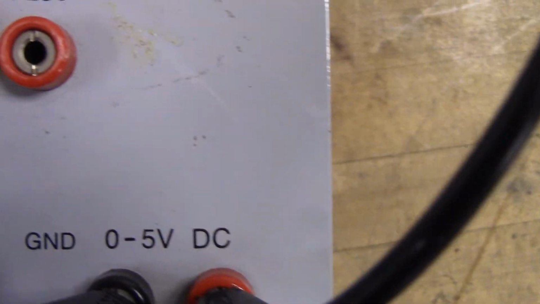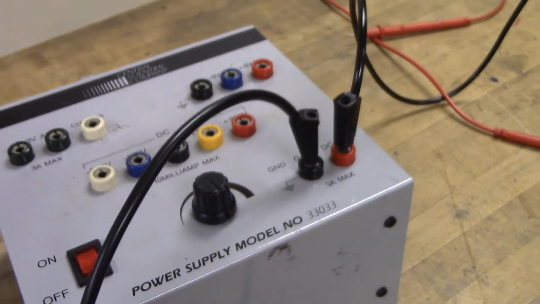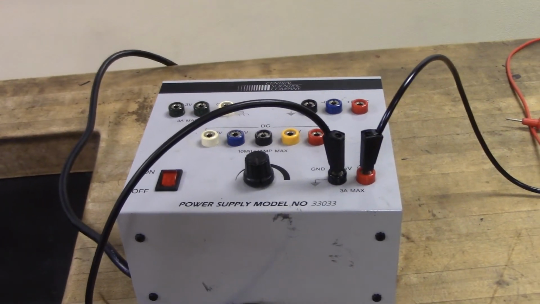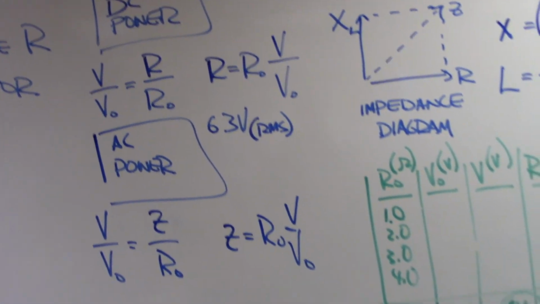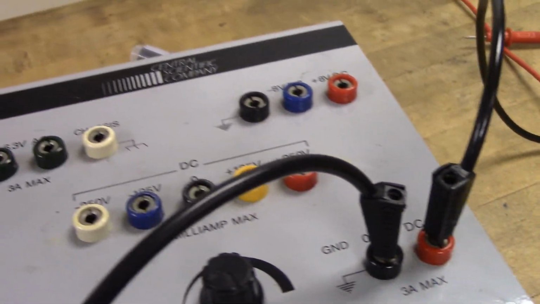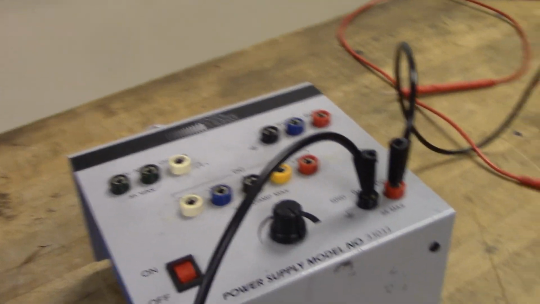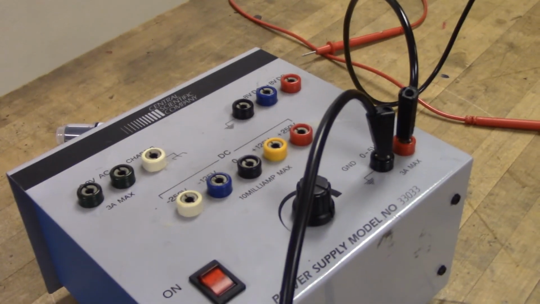I've got to get to the 0 to 5 volt DC, and then I turn this all the way up. Because we're using this ratio method with the resistances, we don't need to know the voltage output of the power supply. That's kind of handy.